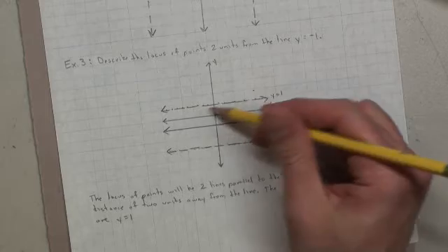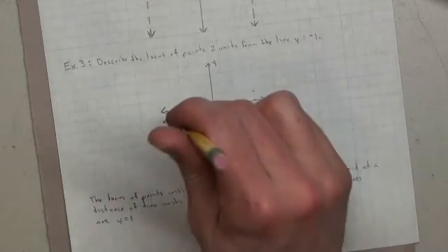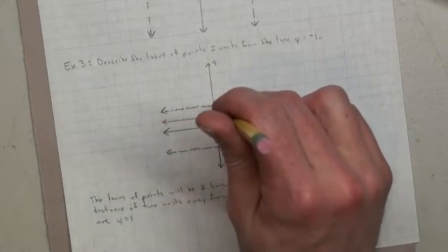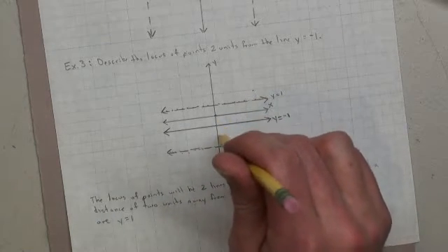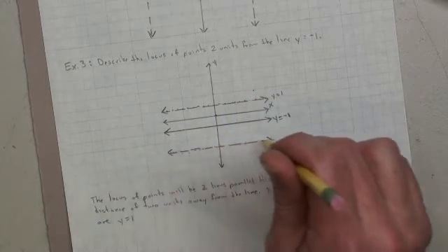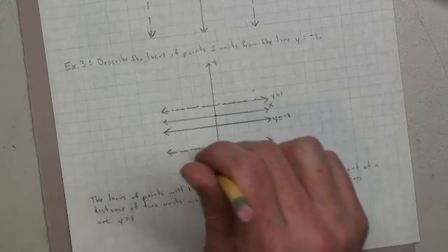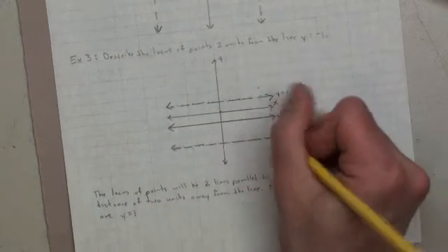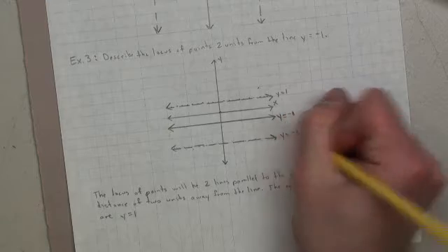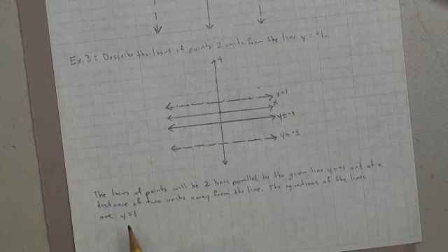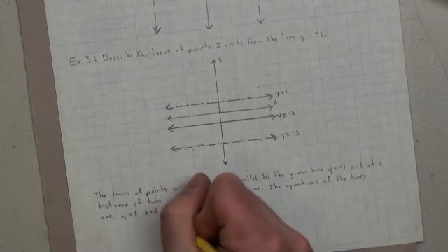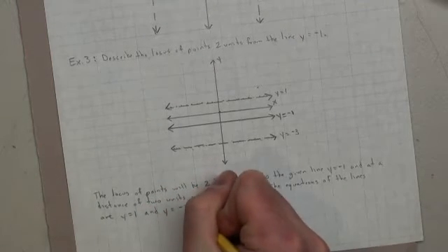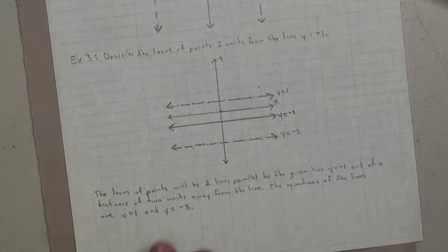It goes through 1 on the y-axis, and it's a horizontal line. Everywhere on this line, my y-coordinate is 1. And y equals negative 1, negative 2, negative 3. Y equals negative 3. Everywhere along this line, my y-coordinate is negative 3. So this is the line y equals negative 3. So our y equals 1 and y equals negative 3. Okay?